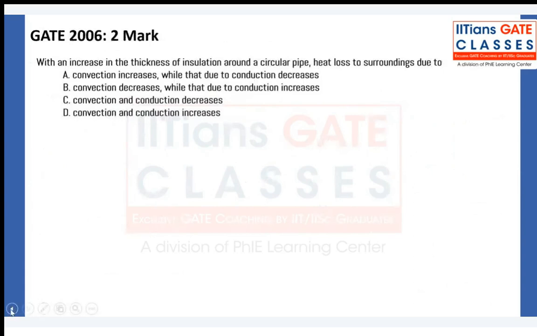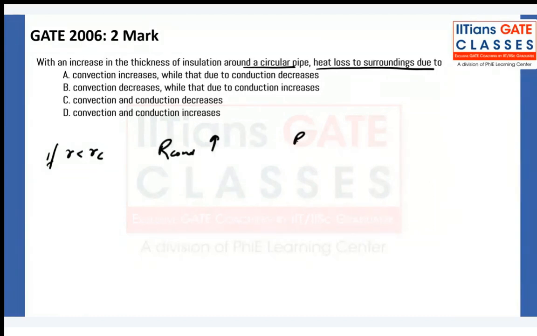So let us see this question. With an increase in the thickness of insulation around a circular pipe, heat loss to the surrounding is due to what? Tell me very quickly, what is the right answer? You see, if R is less than RC, conduction resistance is increasing and convection resistance is decreasing.